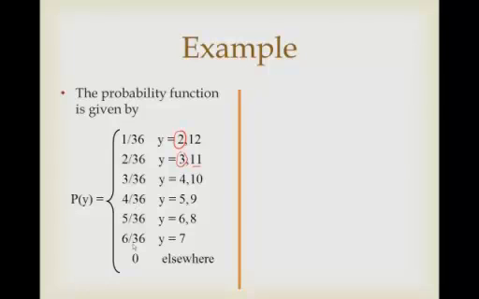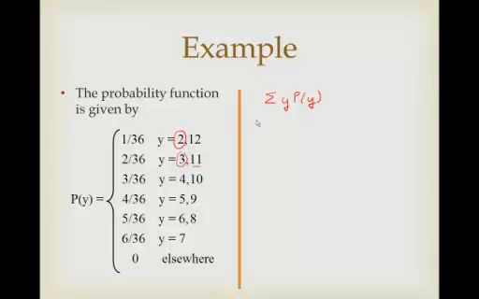And so you can expect that if we wanted to compute all of the expected values, we could do that. I'm not actually going to do the whole thing, but I'm going to start it out for you.